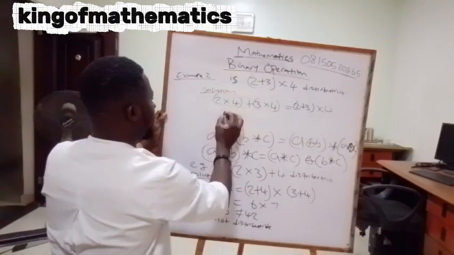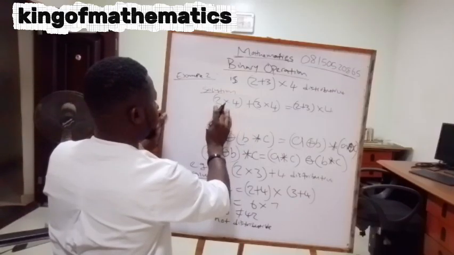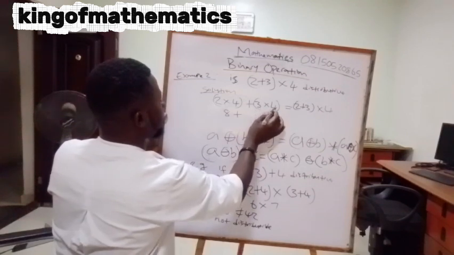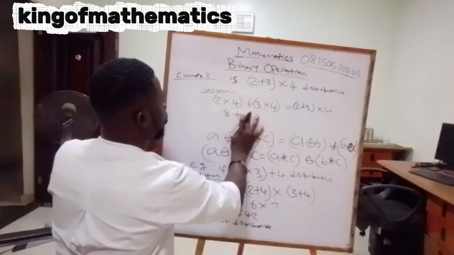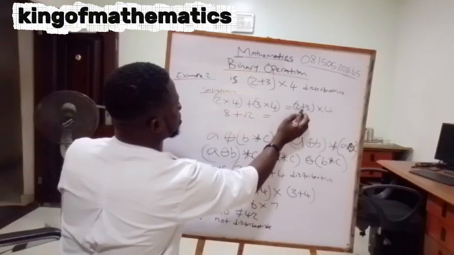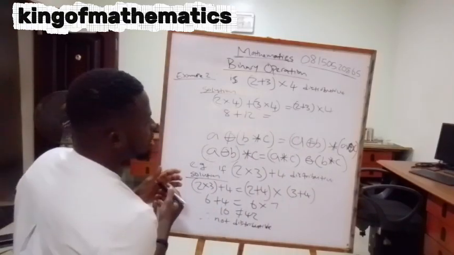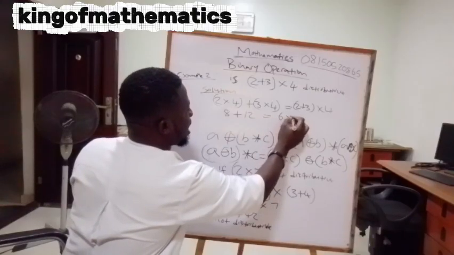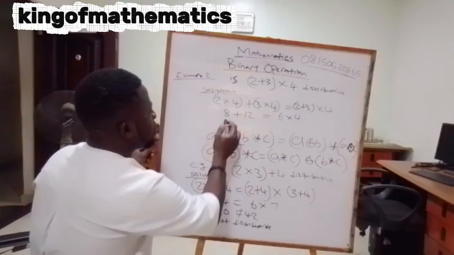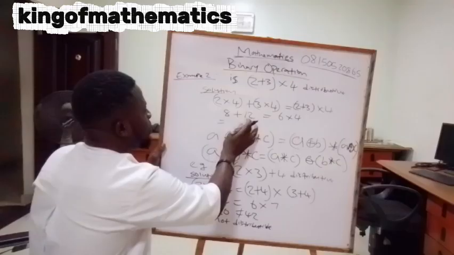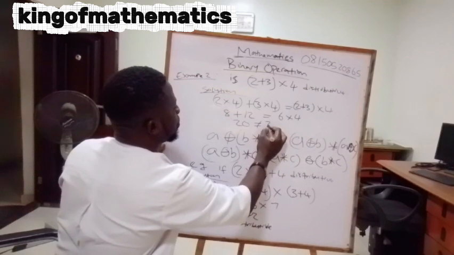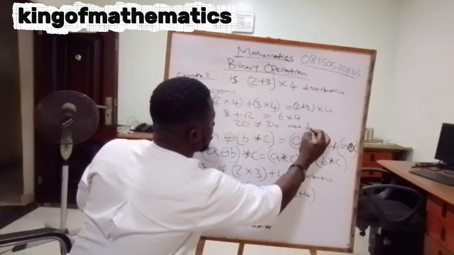So 2 times 4 is 8 plus 3 times 4. 3 times 4 is 12. Then 2 plus 3 is 5, and 5 times 4. So this one is going to be 8 plus 12. This is 20, and 20 is not equal to 5 times 4, which is 20, so not distributive.